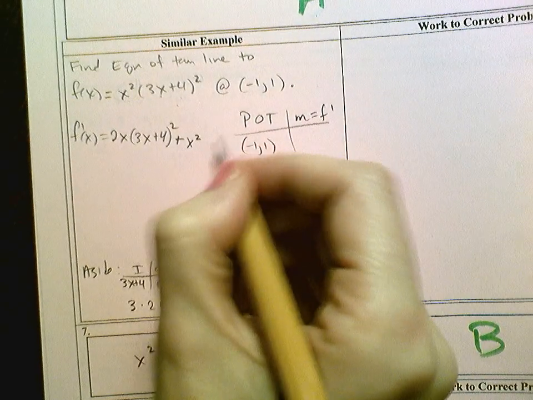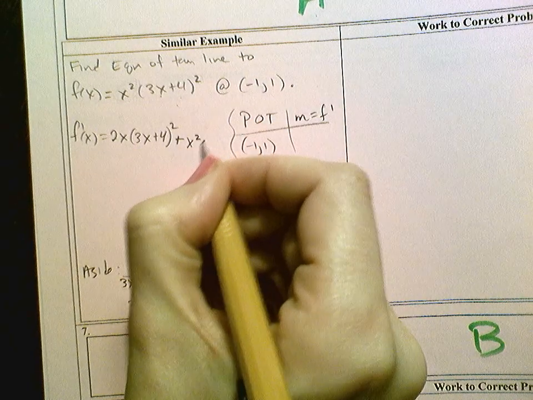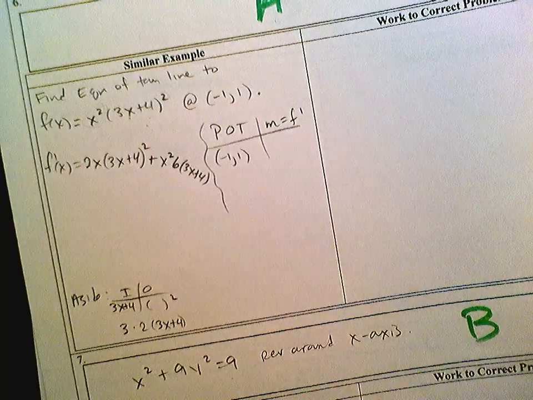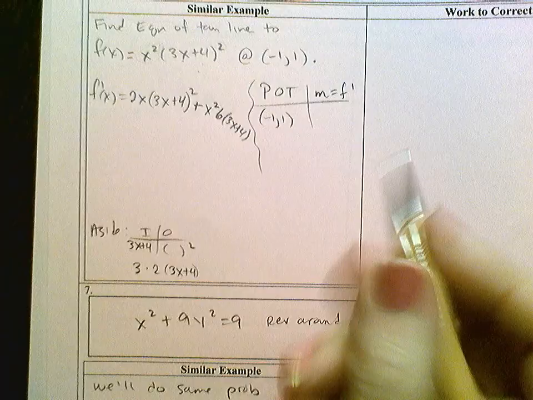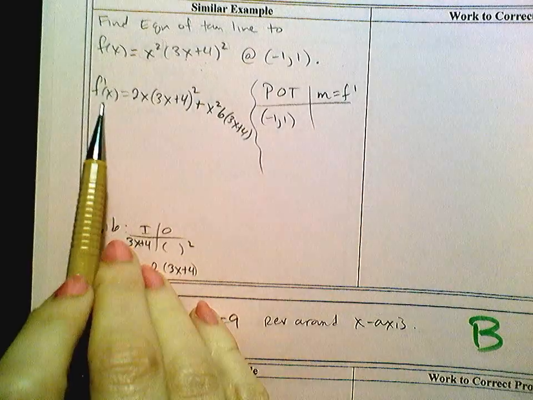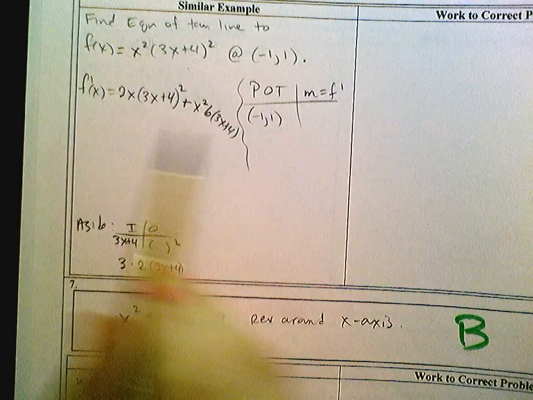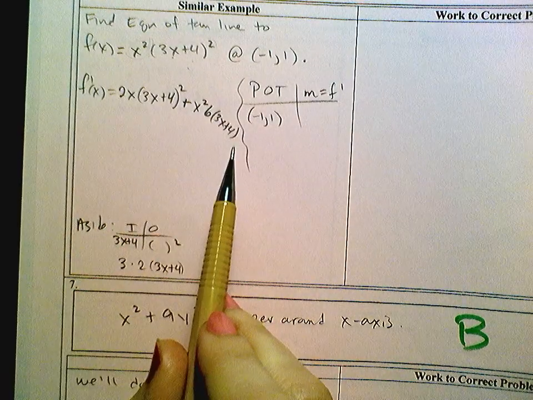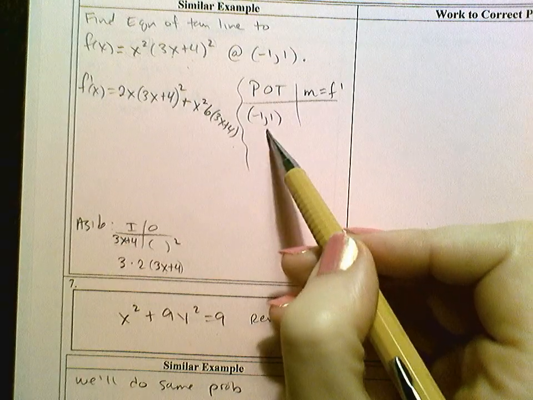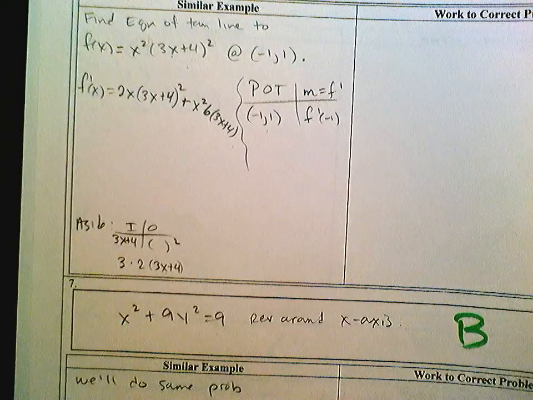And I'm running out of room. So 6, 3x plus 4. Okay, so yeah, so this is f prime basically, and so here, this derivative will give us the slope of the tangent line at any point. We want the slope of the tangent line at this point, so we want f prime of -1.